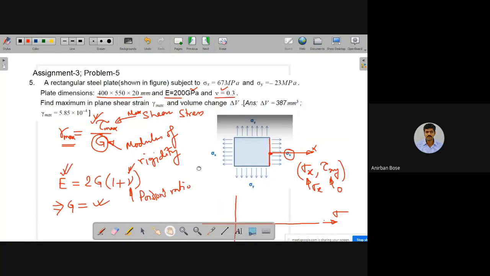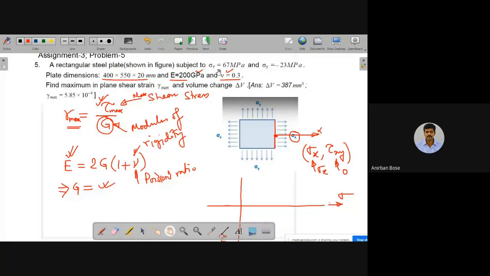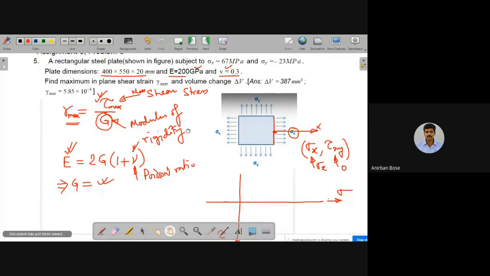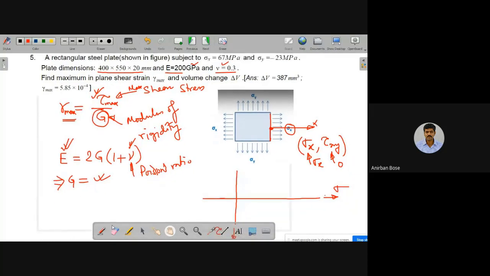Yes, the value of sigma x is given as 67 megapascal. So the first point is 67 comma 0. This point indicates the plane shown in red color. State of stress means normal stress comma shear stress, so this is the coordinate point.